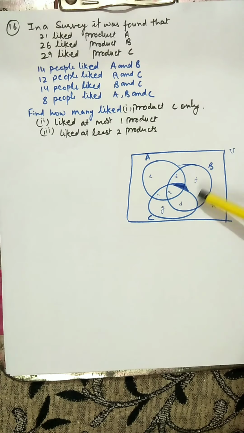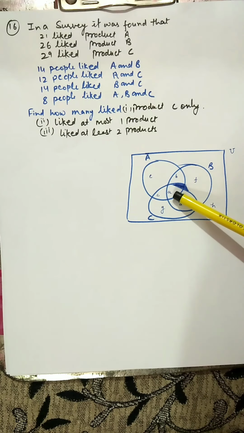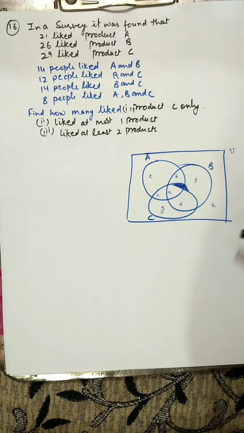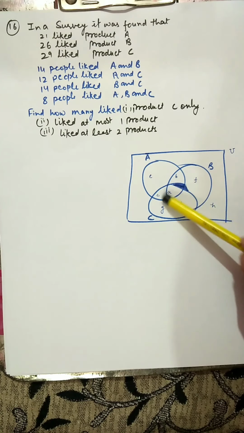Again, we are not going to use a formula, because formulas will make you confused, and a lot of things have to be taken care of. So we'll take the help of small a, b, c, d, e, f, g, h. I told you earlier what this area represents: a represents the intersection of all three sets A, B, C. These types of questions must be started from this common area of all three sets.